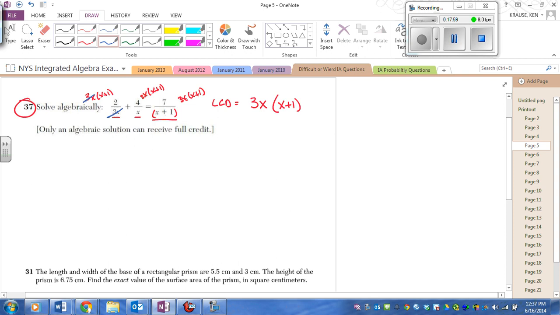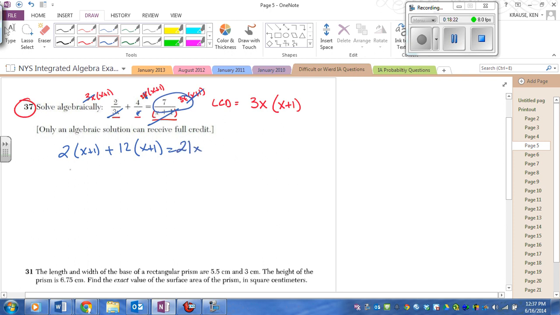It's 3x, it's 3x, is 2 times this x. So 12 times x plus 1. And this is 3x times 7, so it's 21x.